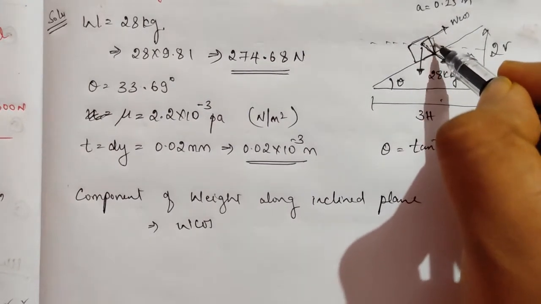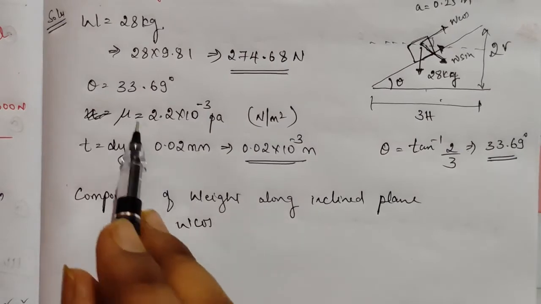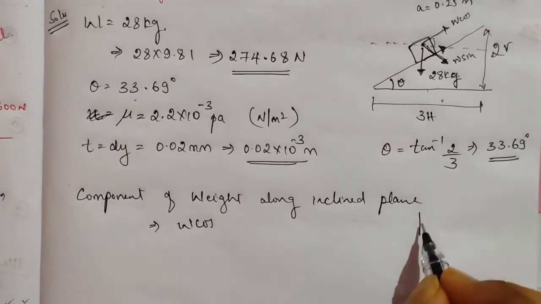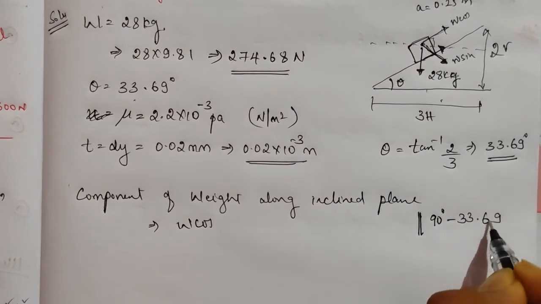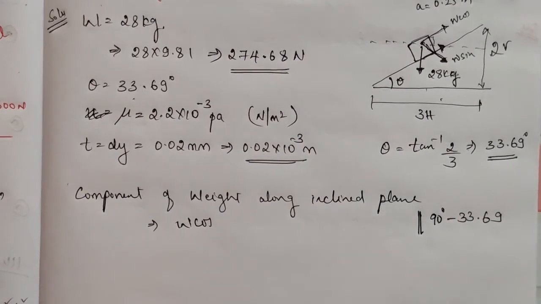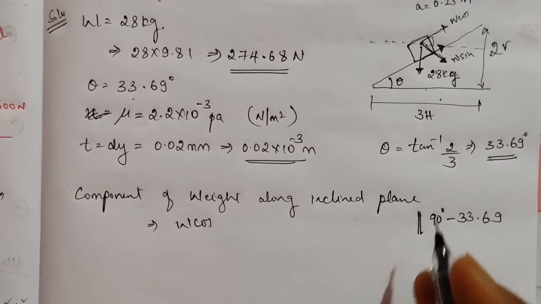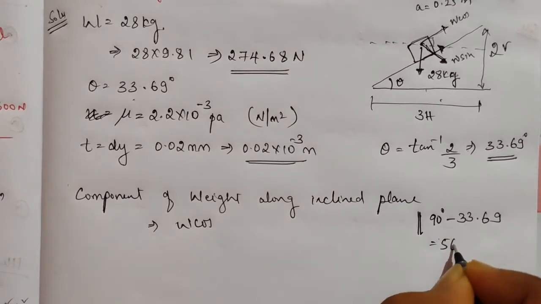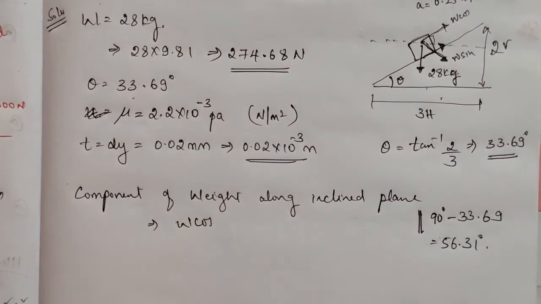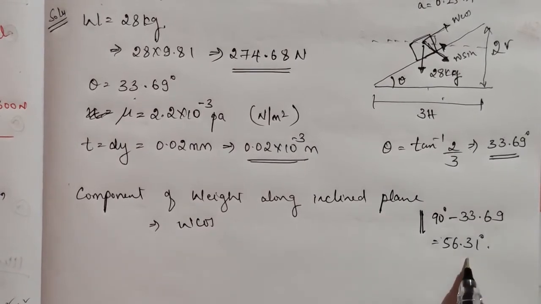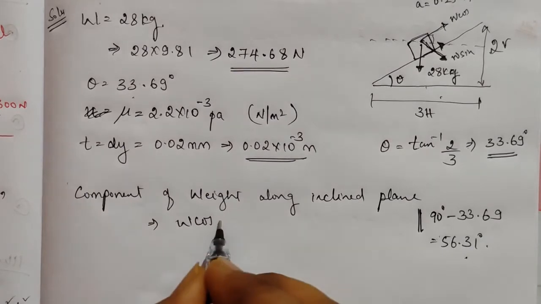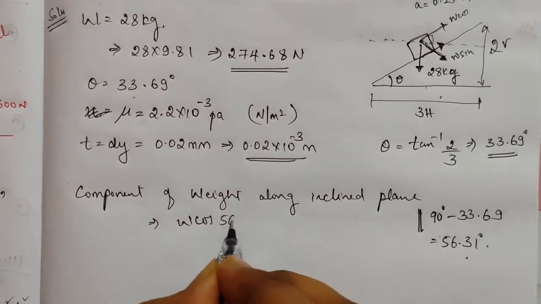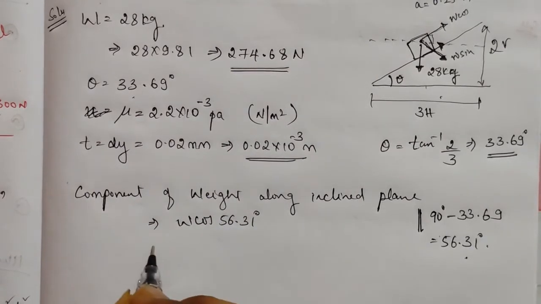So theta is 90 minus 33.69, that is 56.31 degree. Okay, you can do this or you can take another method, I'll tell you in 1 minute. So W cos 56.31 degree.